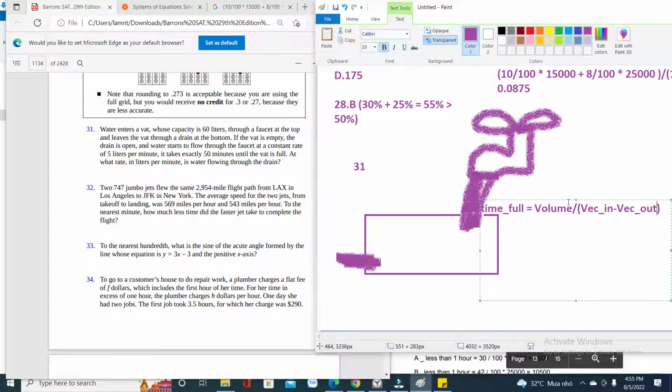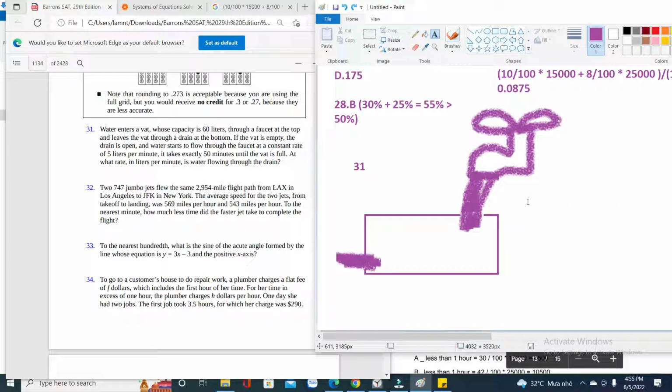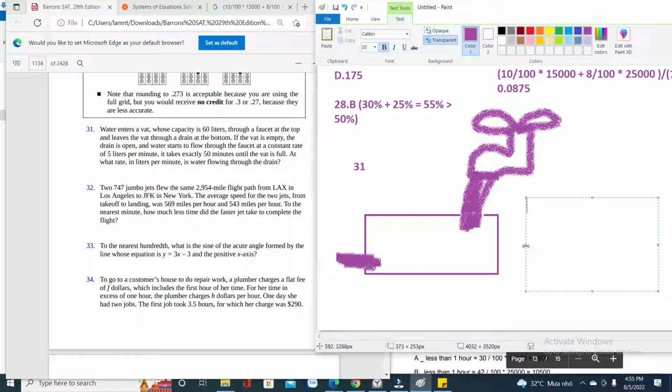So that's the equation. T full is equal to volume divided by V in minus V out.